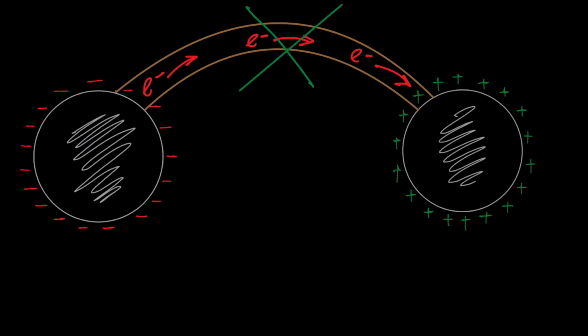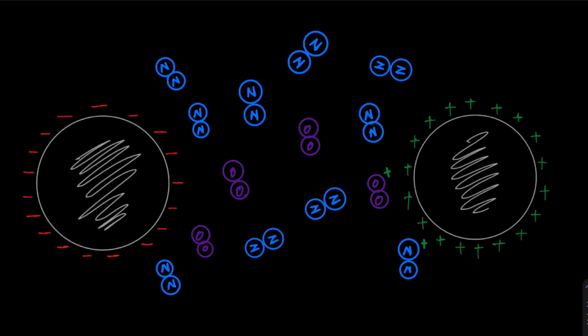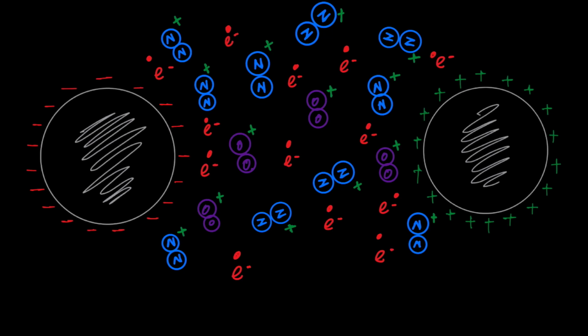So what we will do is take help of an assumption. Let us assume that by some means the air between the metal balls becomes ionized. Air would now contain both free electrons and positive ions, that is N2+ and O2+.